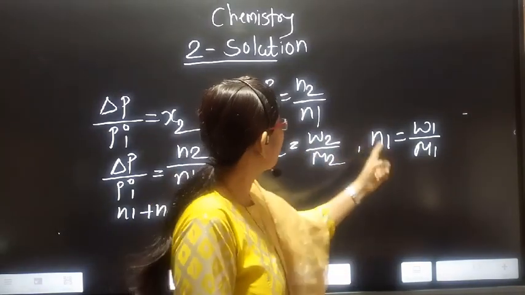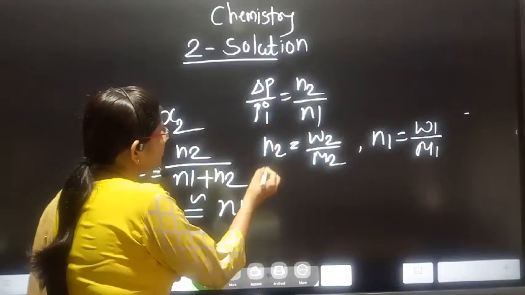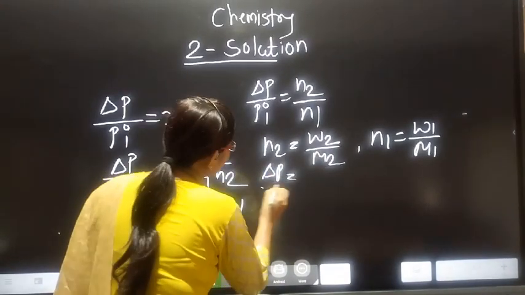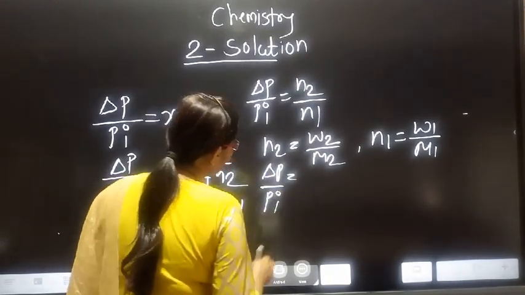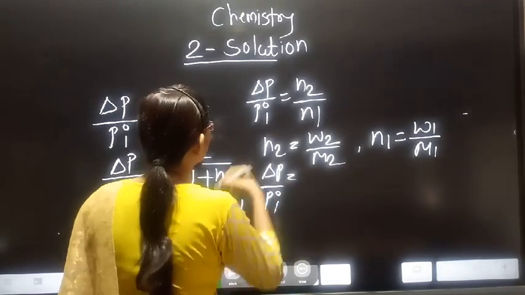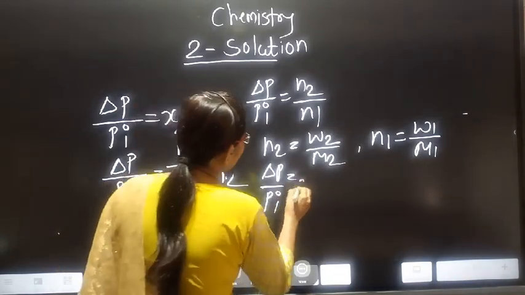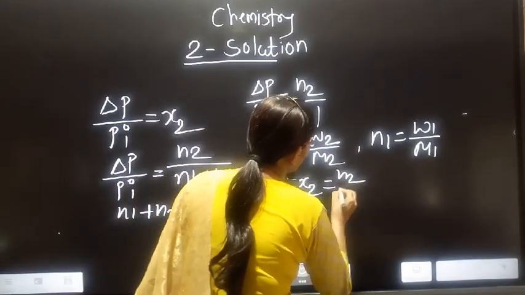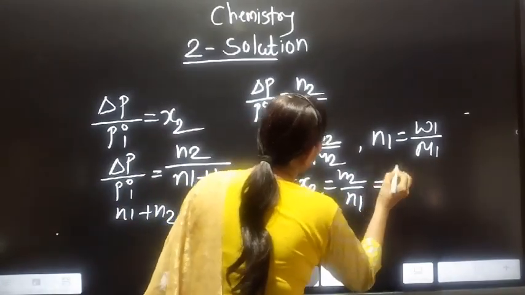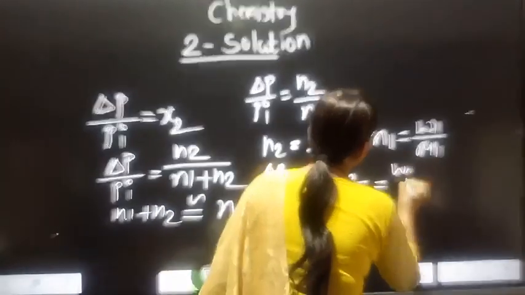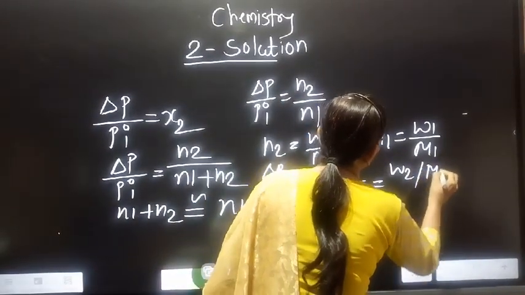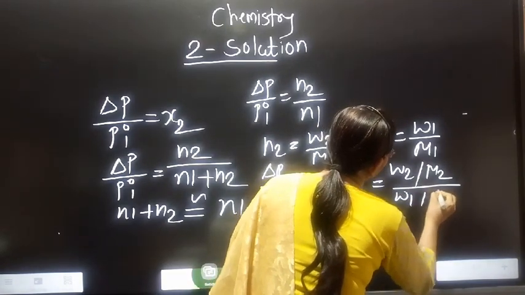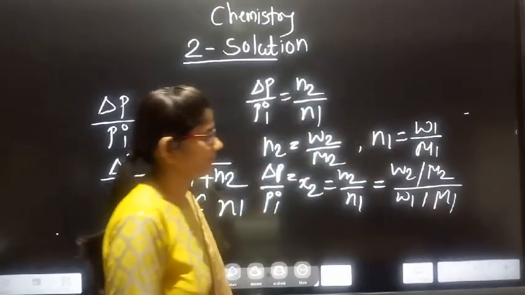If we put these values in this formula, then delta P upon P naught 1 is equal to X2, and X2 means N2 upon N1, which is W2 upon M2 divided by W1 upon M1.